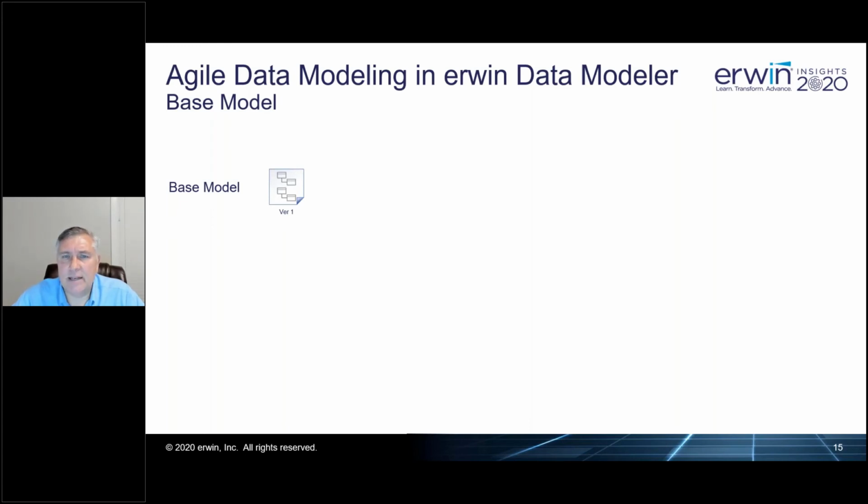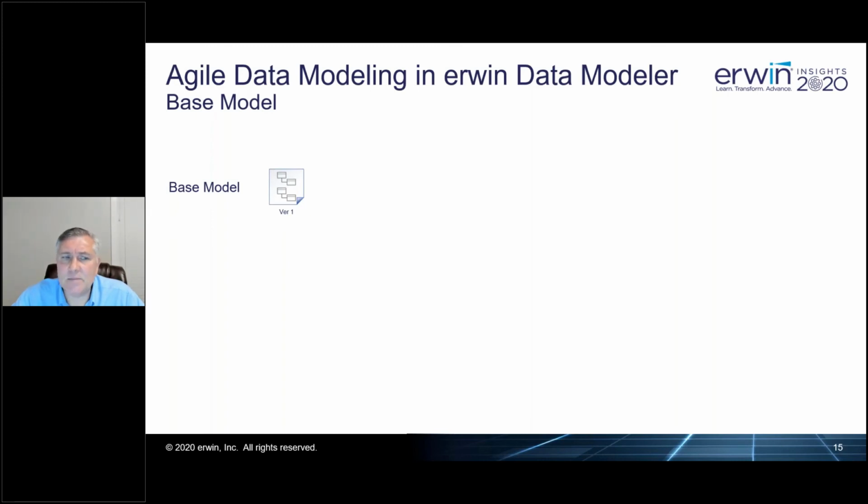So that has built in all our modeling standards, whether it's the domains, the standard diagrams, the look and feel of the diagrams, our naming standards, all of that gets built into a base model. But it's an empty model as far as the data model is concerned, because it has no entities or attributes yet.